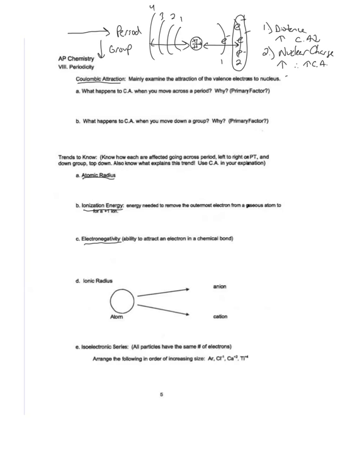There's a third variable that affects Coulombic attraction, which I didn't talk much about in honors, and that is called the shielding effect. When we go down a group, there are more and more electrons in between the valence electrons and the nucleus. And we call those in-between electrons the inner shell electrons.